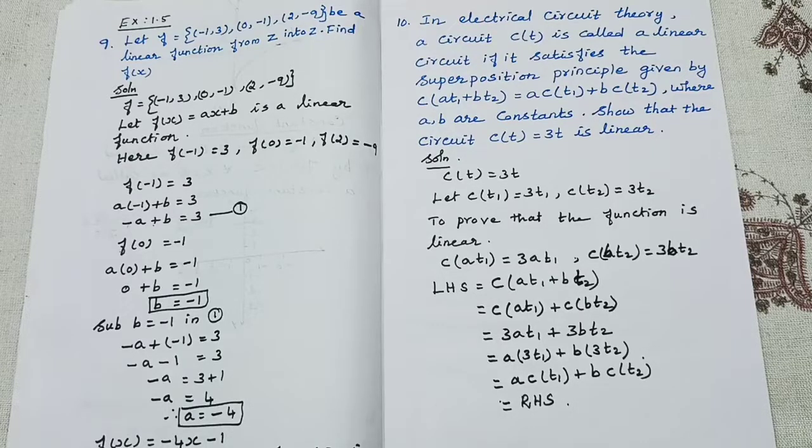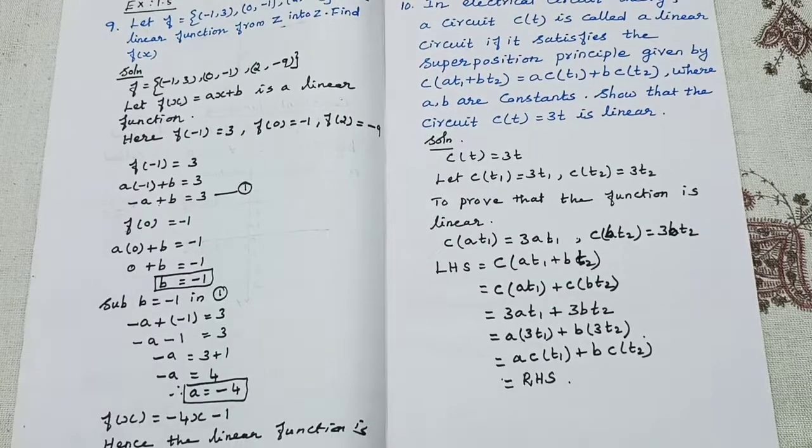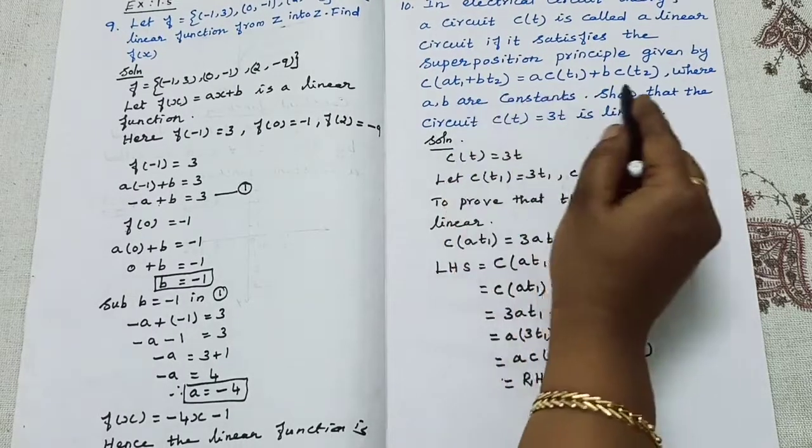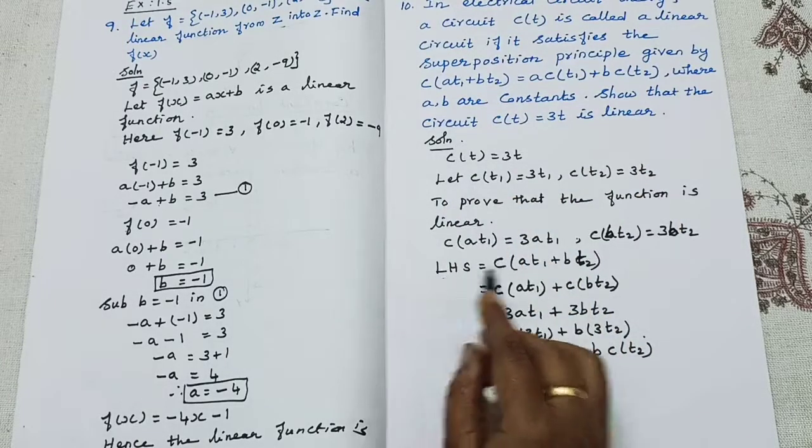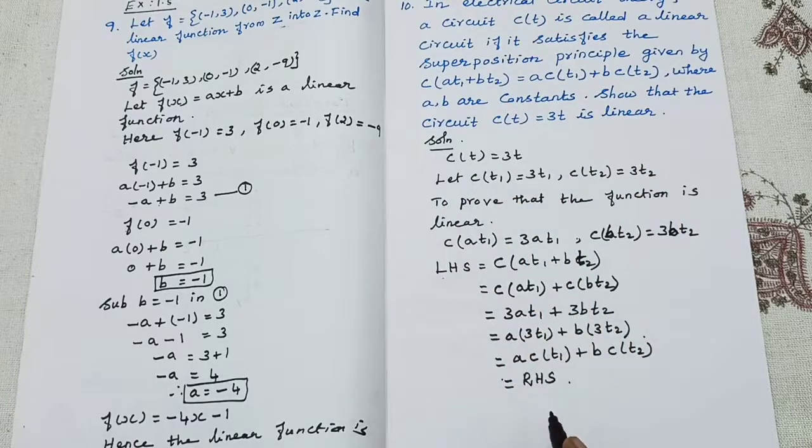Left hand side is equal to right hand side, we got the answer. So we can write that the superposition principle is satisfied. This is the superposition principle, and both sides are equal.